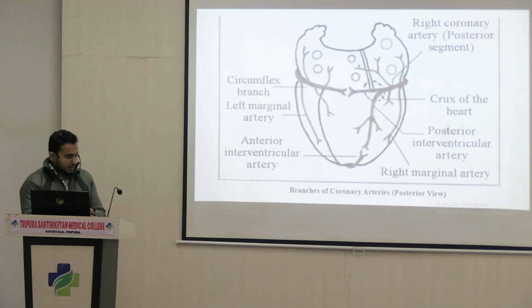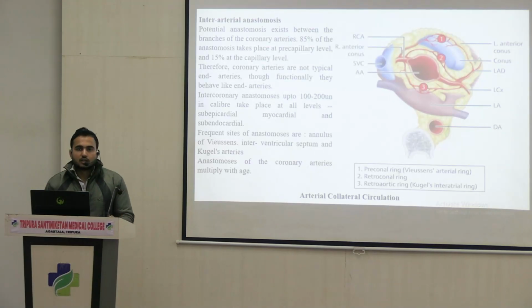Next is the interarterial anastomosis. Now, the anastomosis which takes place in the walls of the heart, especially in the myocardium, has different types: for example interarterial anastomosis, arteriovenous anastomosis, arteriosinusoidal anastomosis, sinoluminal anastomosis.